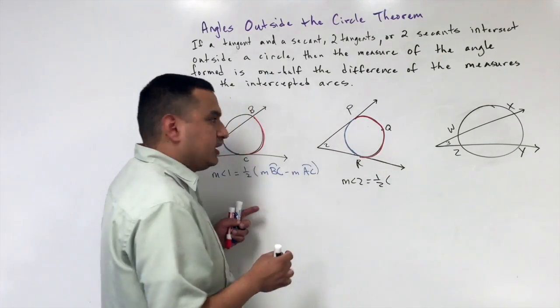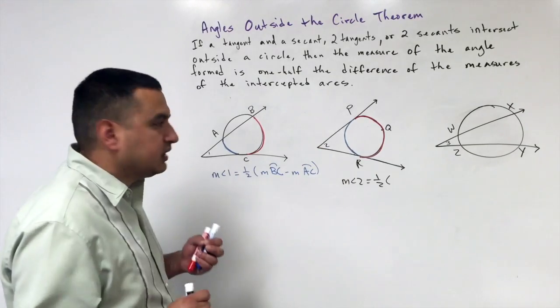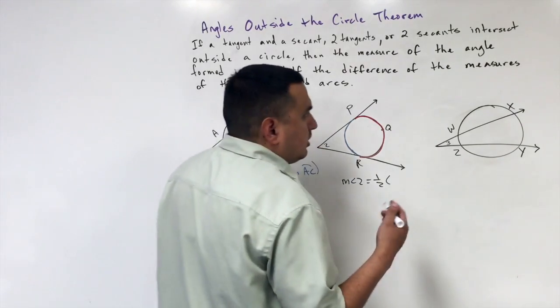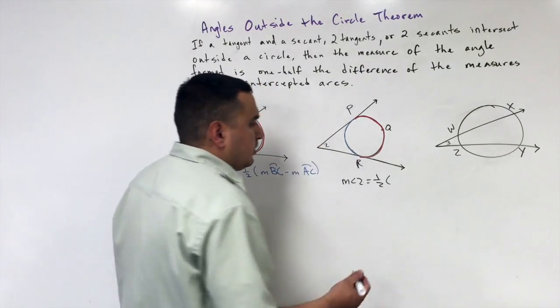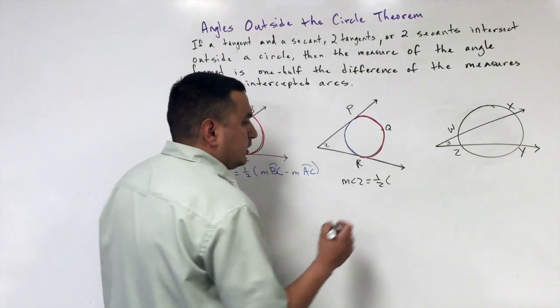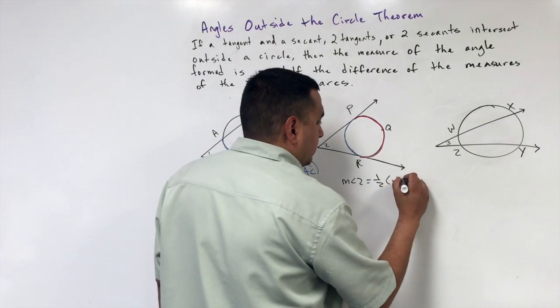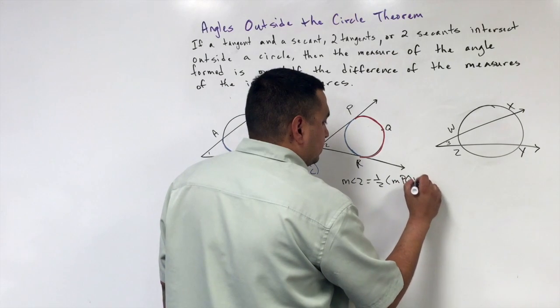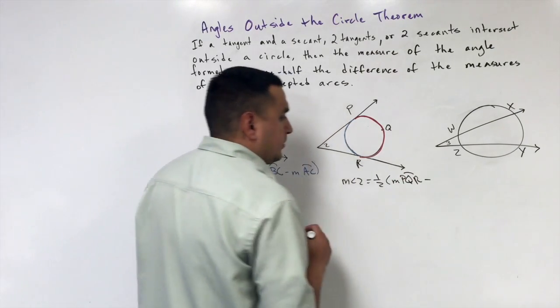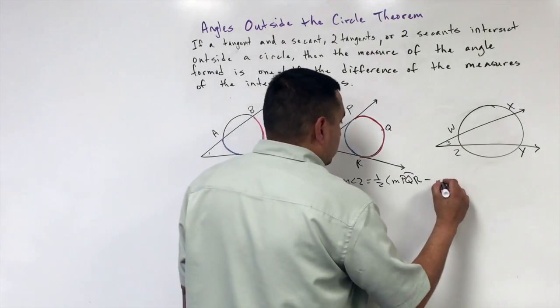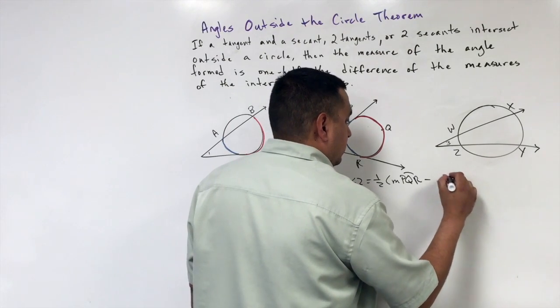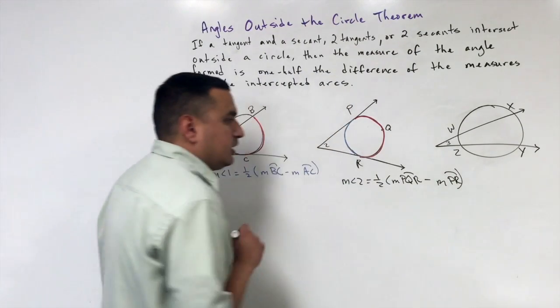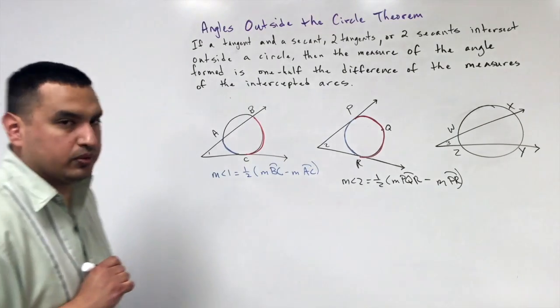So I'm still subtracting. The picture just looks slightly different, but the theorem is still the same. I'm going to take the measure of arc PQR and subtract it from the minor arc PR to get angle 2.